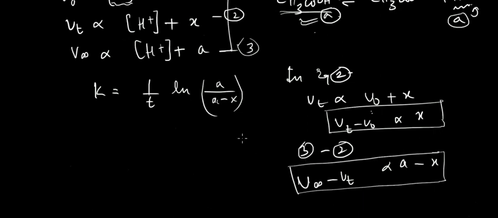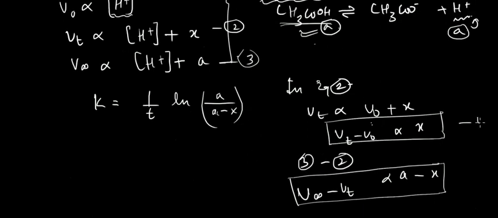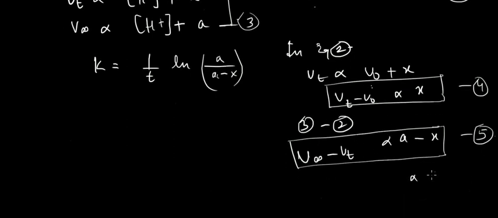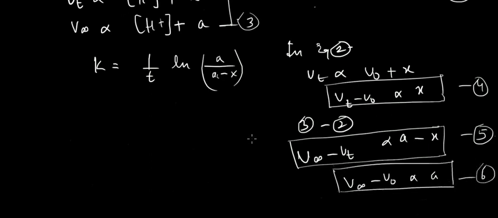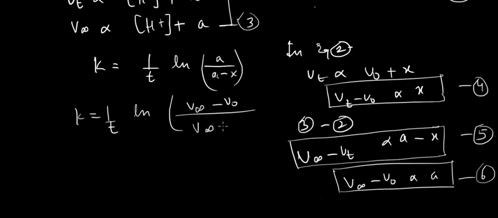And if we add these two equations 4 and 5, we would be getting A on the right hand side, and on the left hand side we would be getting V infinity minus V naught. So putting these values in this equation, we would be getting K equals 1 upon t ln of A, which is V infinity minus V naught, over A minus x, which is V infinity minus Vt.